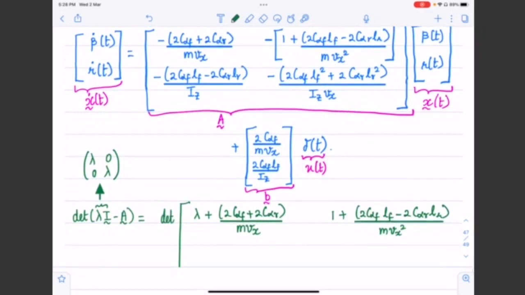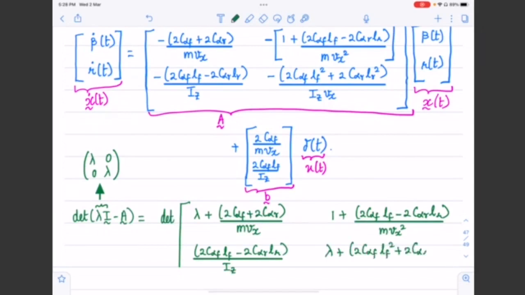Coming to the second row, once again that minus will become plus. So we'll get 2C alpha f lf minus 2C alpha r lr, divided by Iz. Then finally we have lambda plus 2C alpha f lf squared plus 2C alpha r lr squared, divided by Iz vx.